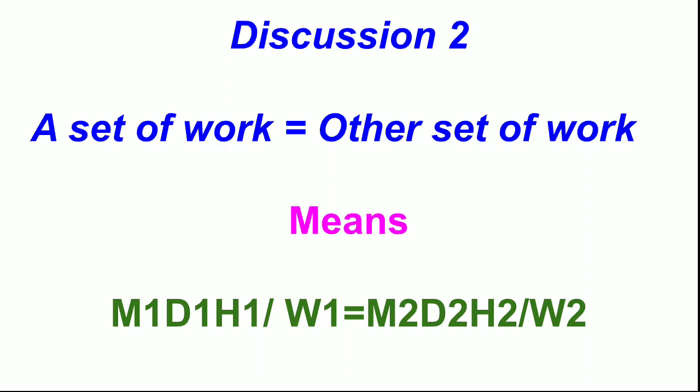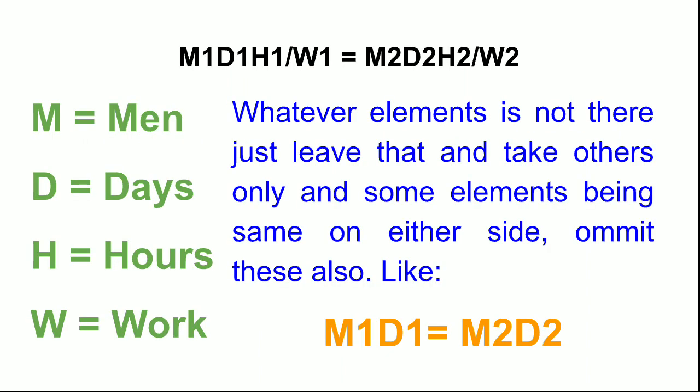It shows that if in one set you make some variation, certainly that variation will affect the change in the other set also. Here M means men, D means days, H means hours, W means work.